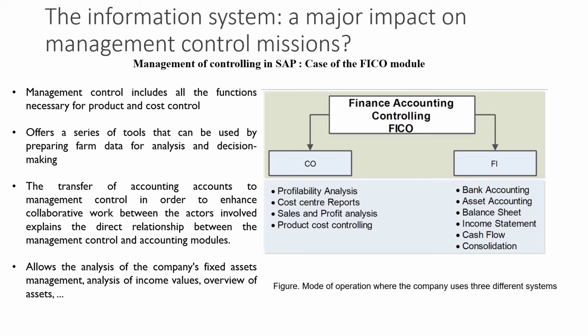And in the same sense, the transfer of the accounting accounts to the management control enhances collaborative work between the actors involved and the direct relationship between the management control and the accounting modules. That allows the analysis of the company's fixed assets management, analysis of the income values, and an overview of the assets.